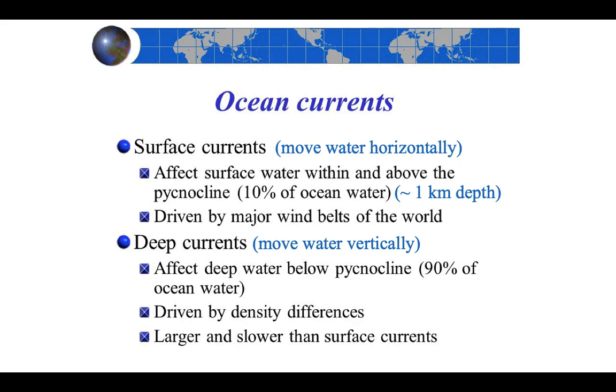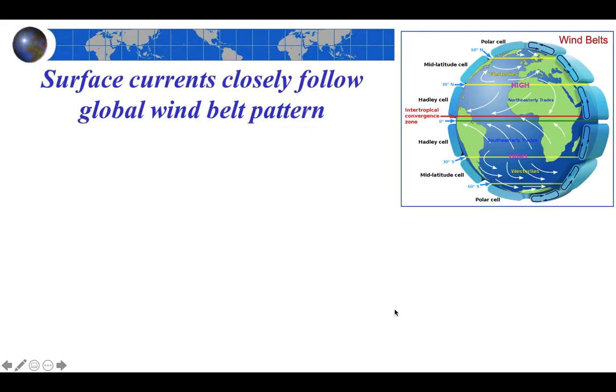The deep currents are much larger in terms of their extent, and they're also slower than surface current waters, but they're extremely important because we consider them as the temperature controlling factor for the global climate.